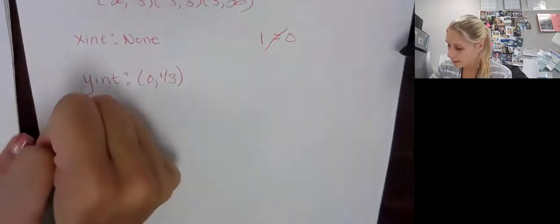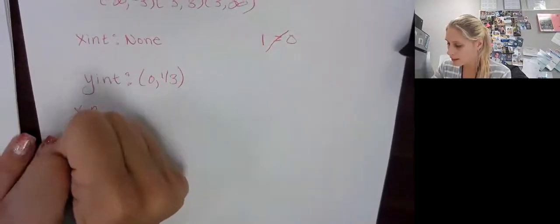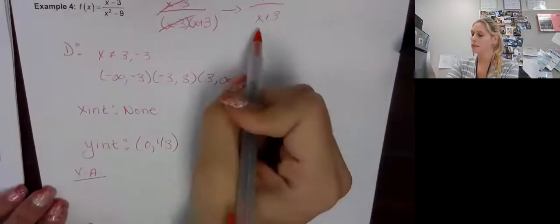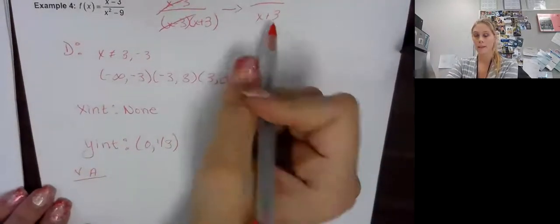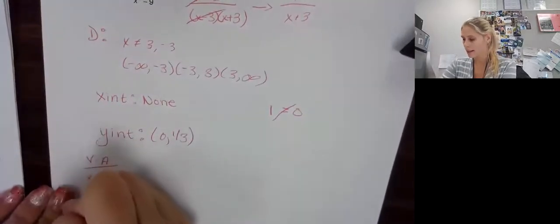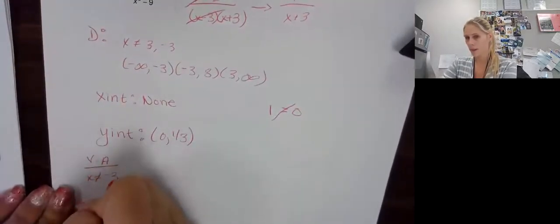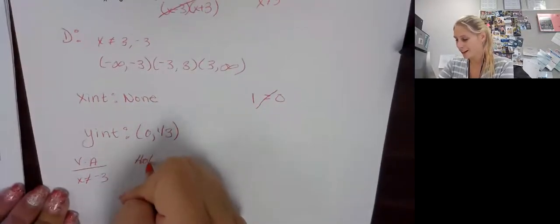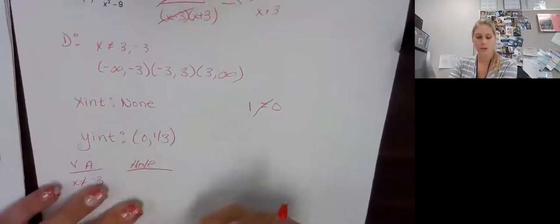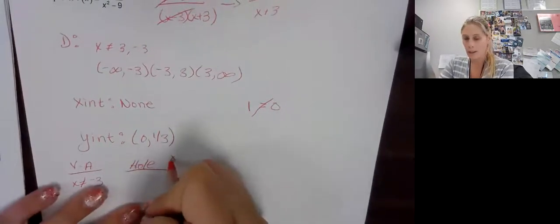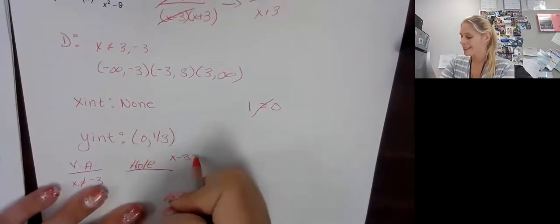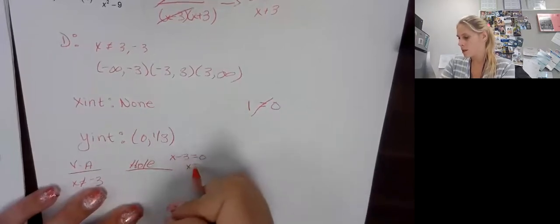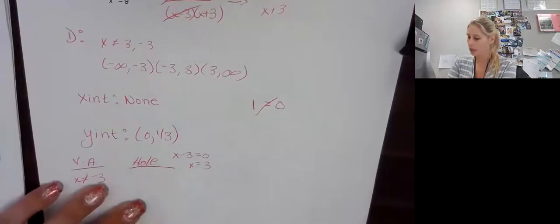All right, vertical asymptotes. Vertical asymptotes come from what can't happen in the denominator. So what can't happen in the denominator? x cannot equal negative 3. This time we have a hole, right? A hole comes from what we crossed out. So here's what we do. We take what we crossed out, set it equal to 0, and solve. So that means we have a hole at 3.